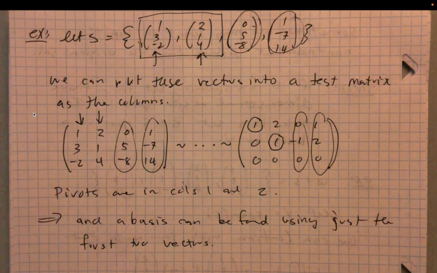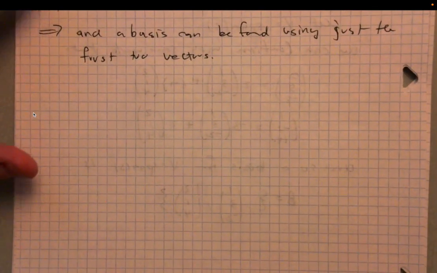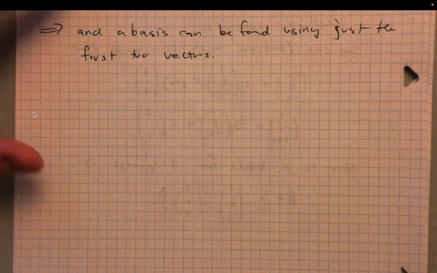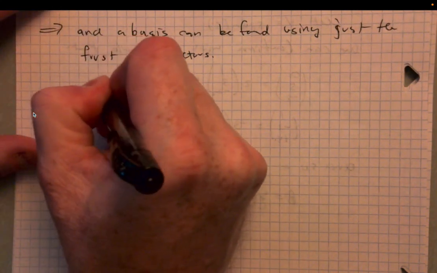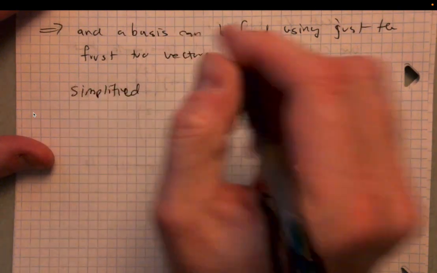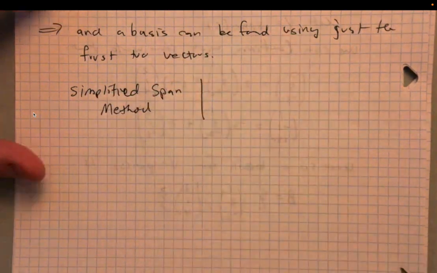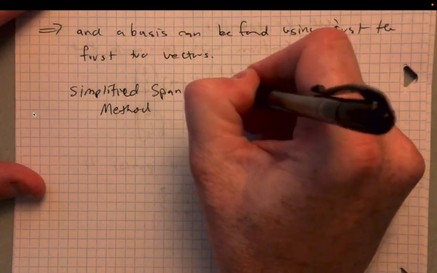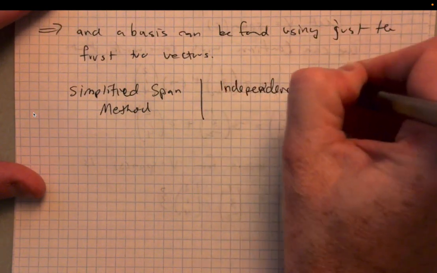Okay, very good. Now there are these two tests that we've been talking about. Let's try to summarize these, or draw out the key distinctions. On the one hand, we had what we called the simplified span method. This is where you plug the vectors in as the rows in a test matrix, and then you row reduce. The other one is the dependence test method.